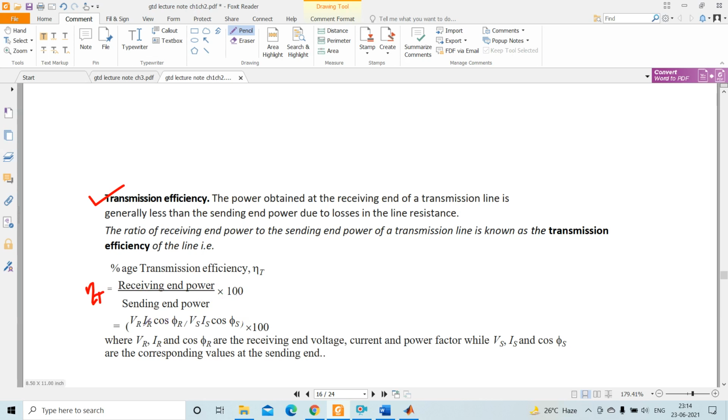Mathematically, receiving end power is represented as VR IR cos phi r, and sending end power as Vs Is cos phi s.